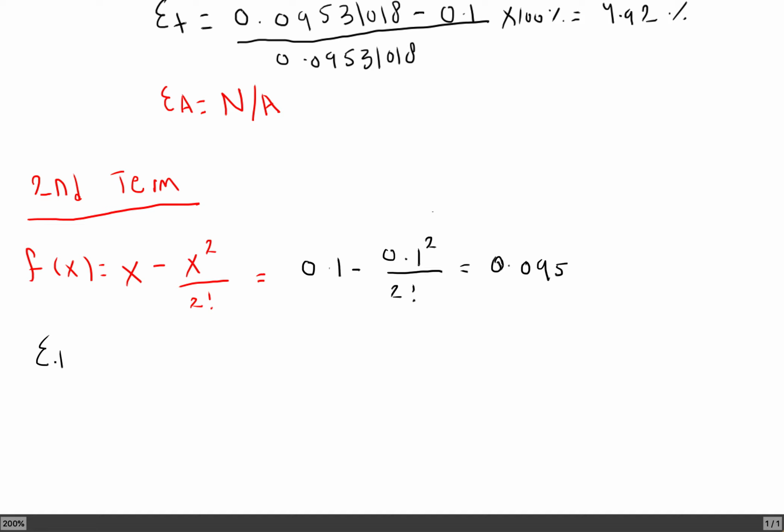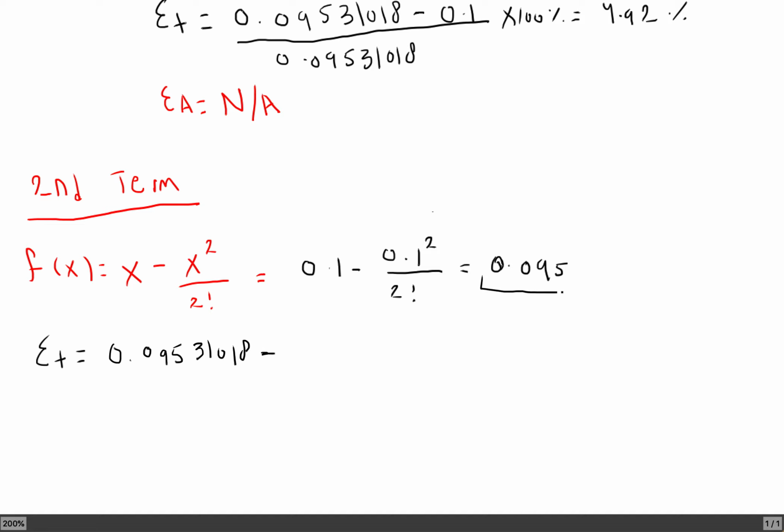To find the true percent error, you would use your ln 1.1. I was going to write ln 1.1 there, but it might be a little confusing for some, so I'm just going to write the actual value.